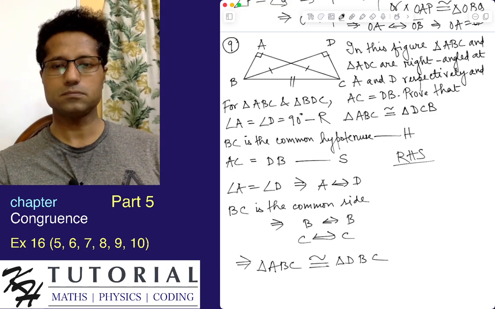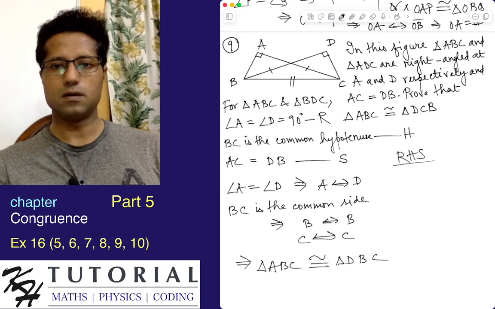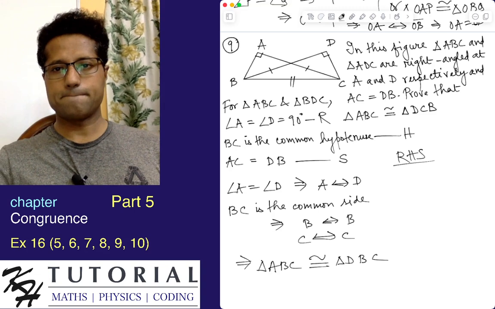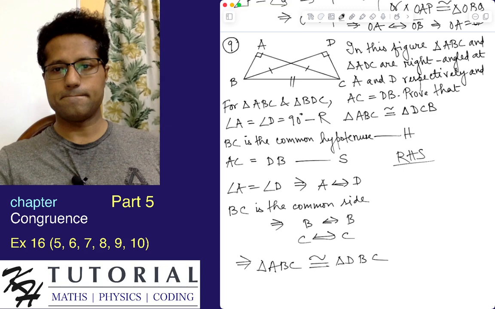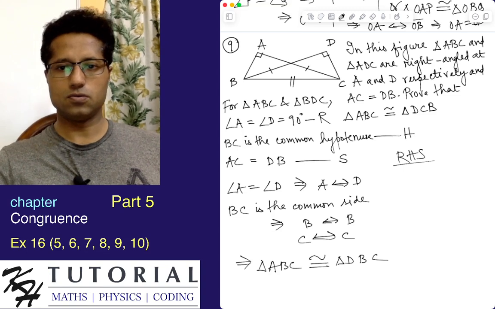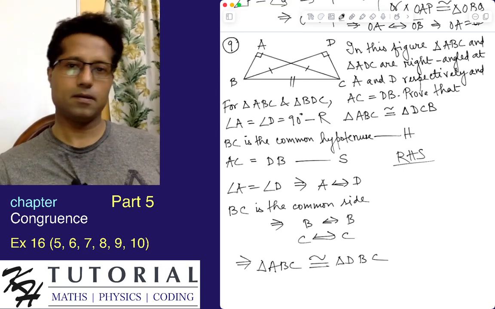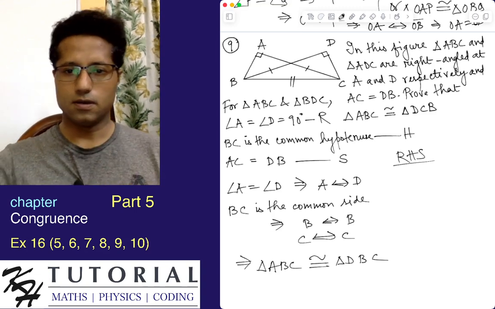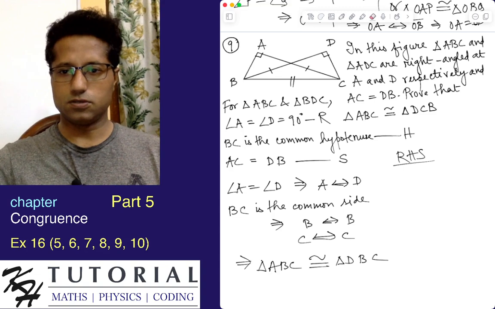Now, we have BC as the common side, so can't we say that B and C map to themselves? Okay, now this is not working.